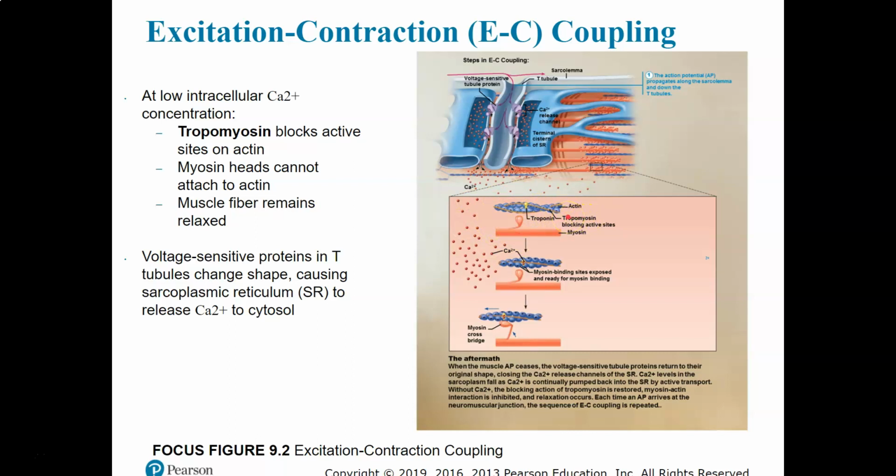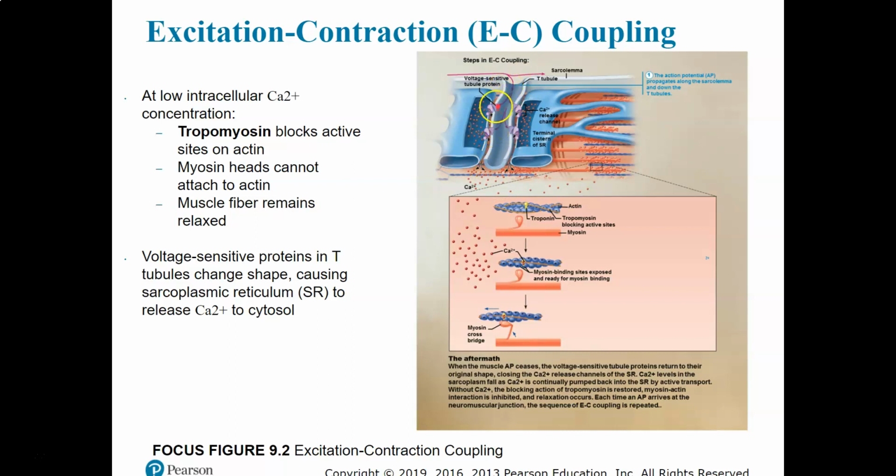Because of this, we have no cross bridges, so the muscle fiber is relaxed. The two fibers are not attached to each other. We have no cross bridging. When the action potential spreads across the sarcolemma and travels down into these T tubules, it's going to trigger voltage-sensitive proteins.